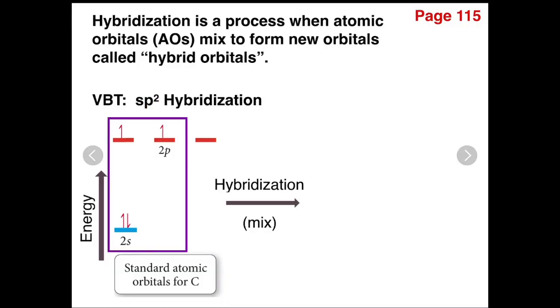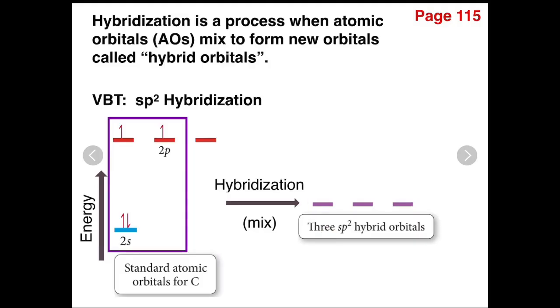If I mix only these, I'm mixing 1, 2, 3, so the result is 3 hybrid orbitals. These hybrid orbitals are now going to be called sp2.